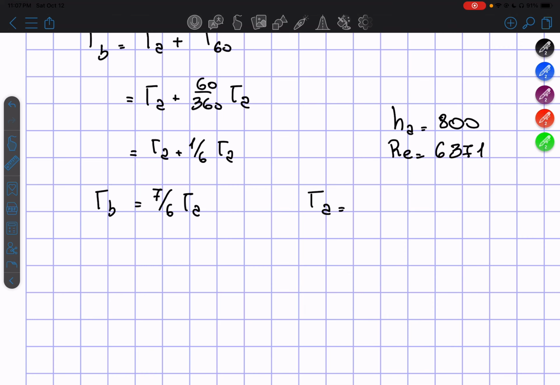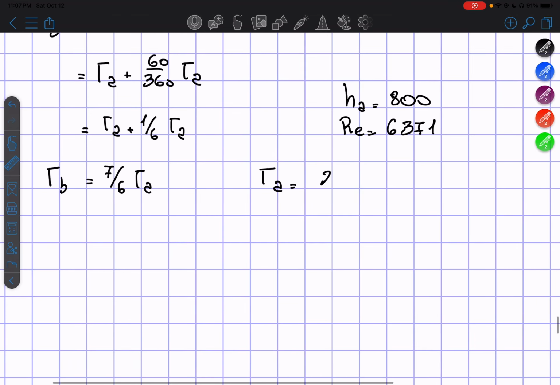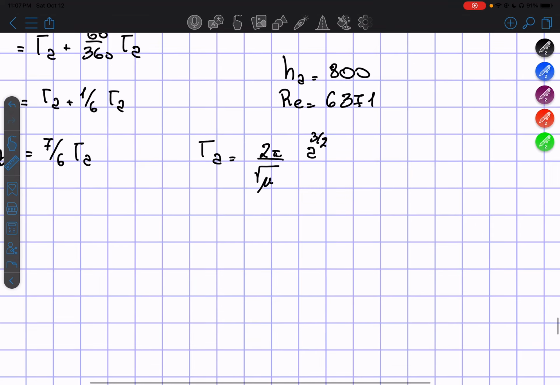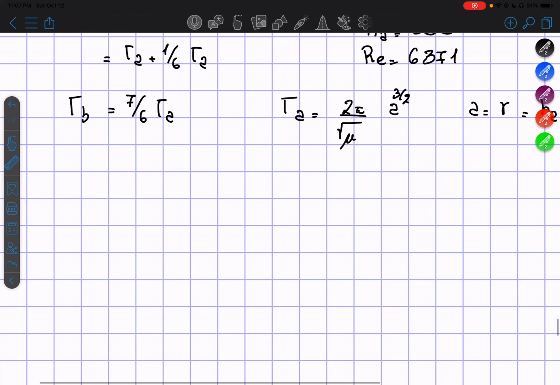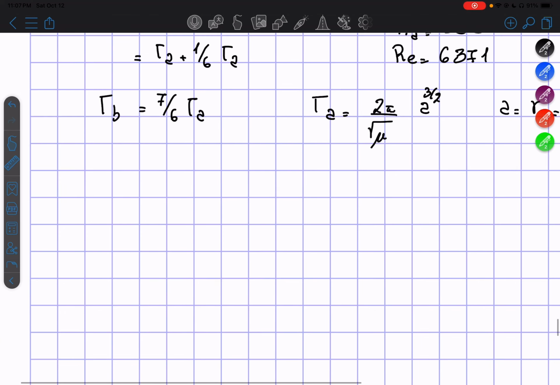So this would be equal to 2 pi divided by square root of mu times a to the power of 3/2. And since it's circular, a is equal to simply the radius of the circle, which is equal to HA plus RE. Okay, now we multiply by 7/6, so we get TB.